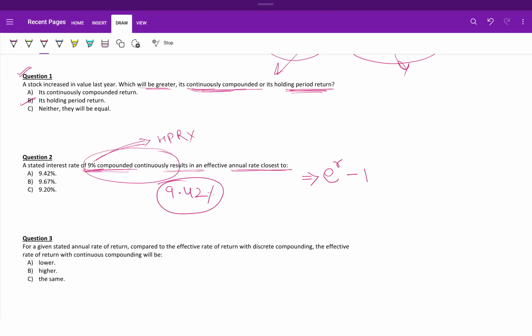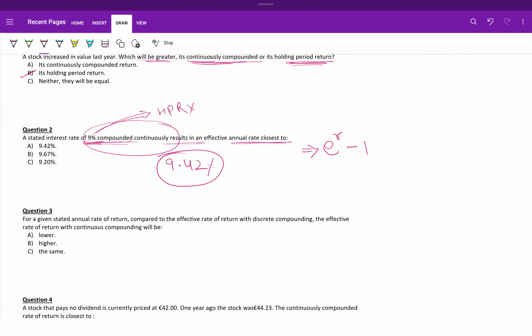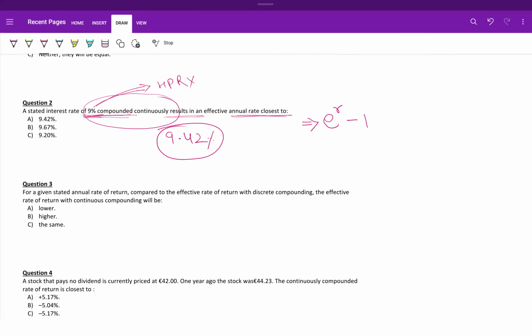Now this actually was a new formula which we have not discussed previously, and it was not part of the notes. Somehow I skipped this. Maybe this was part of the further readings. e to the power r minus 1. So what we did is enter 0.09 on the calculator, pressed the second key, then pressed the e to the power x key.